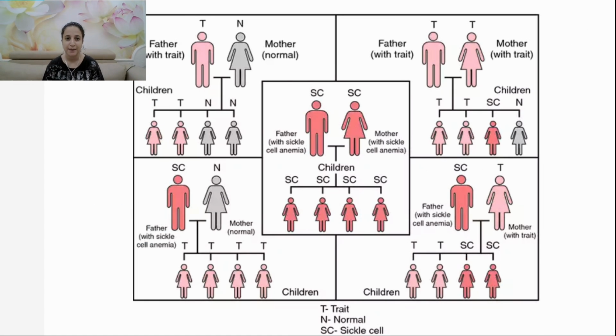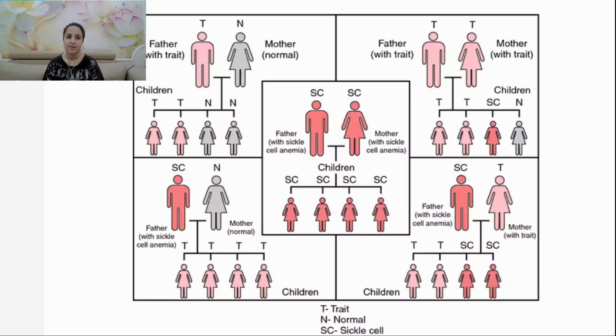So here in this image, again you can see different cases of inheritance of the hemoglobin beta gene. As there are two conditions here, which are sickle cell trait and sickle cell disease, the inheritance pattern varies and is a bit complicated.